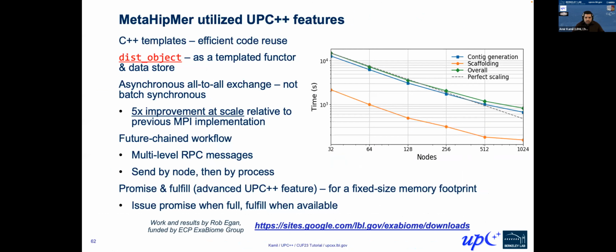And the MetaHitmer developers have reported that UPC++ has enabled them to write their code more simply and get significantly better performance than the previous MPI implementation. And more details are at this link over here.